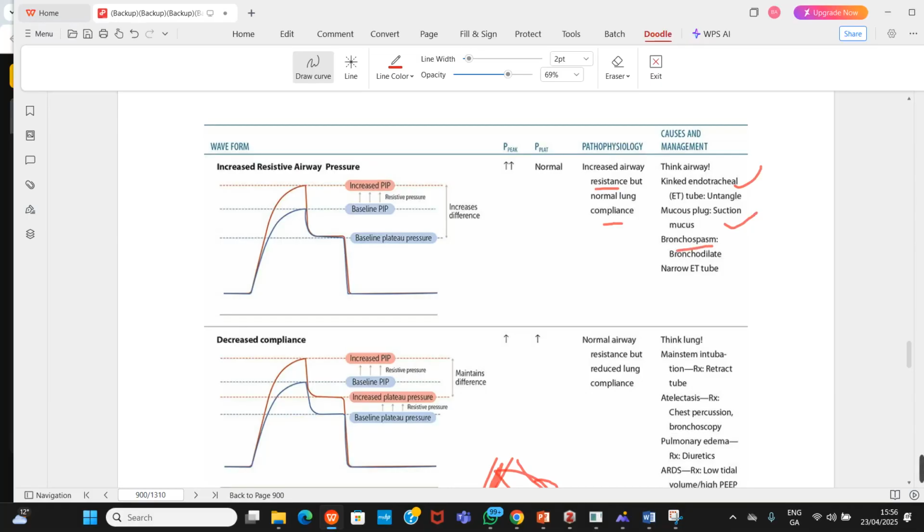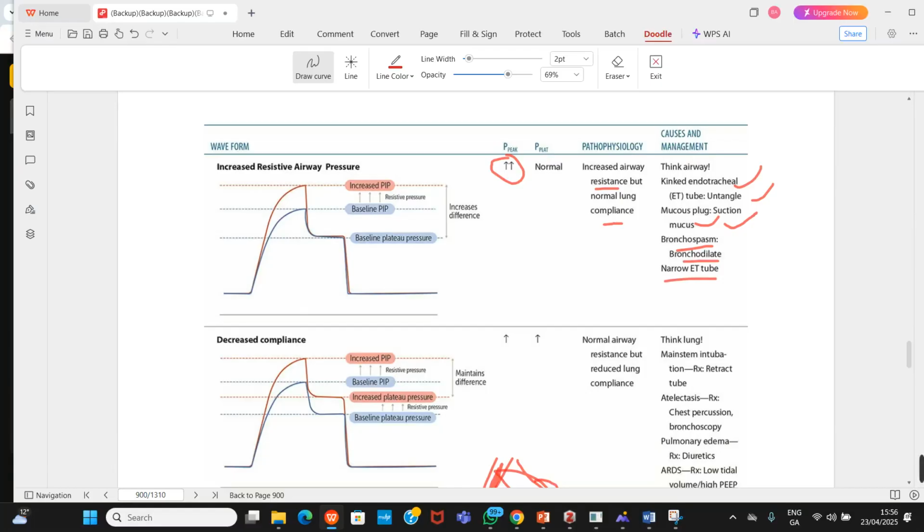Now let's take the causes one by one. What are the causes of increased resistive airway pressure? Anything that increases airway resistance, but with normal lung compliance. Is it that there's kinking of the endotracheal tube? Is it that there's mucus in the airway creating obstruction? Or the person is having bronchospasm?